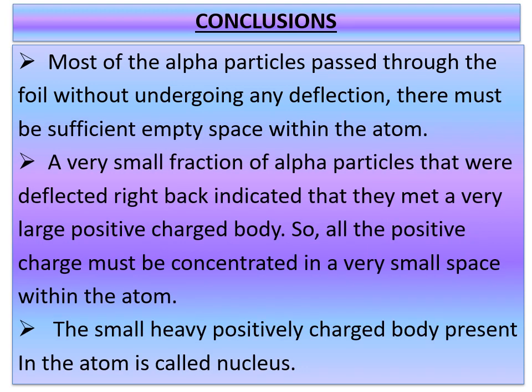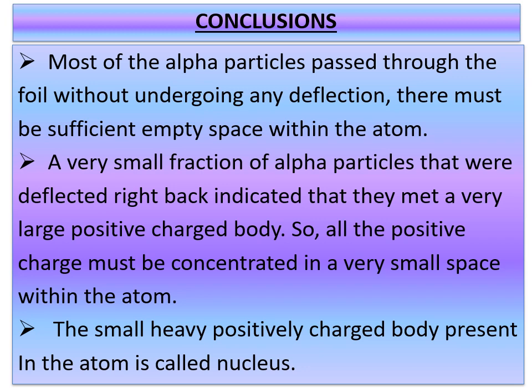So on the whole, the conclusions he observed: most of the alpha particles passed through the foil without undergoing any deflection. That means there must be a sufficient empty space within the atom. He concluded this by seeing the observations. A very small fraction of alpha particles that were deflected right back indicated that they met a very large positively charged body.